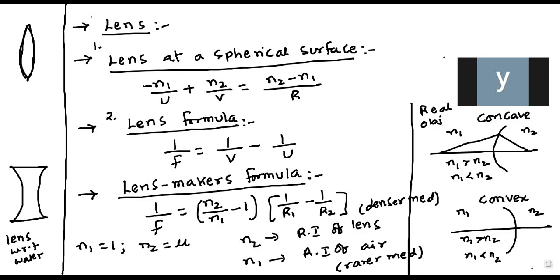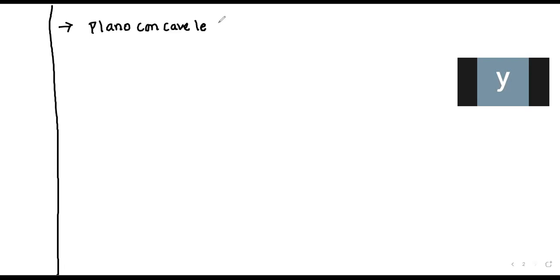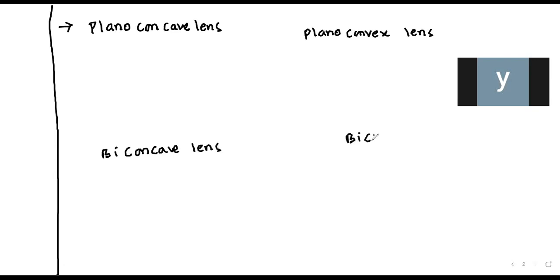And from this lens maker's formula, we are having the different types of lenses like plano concave lens, and then plano convex lens, and then biconcave lens, and then biconvex lens.